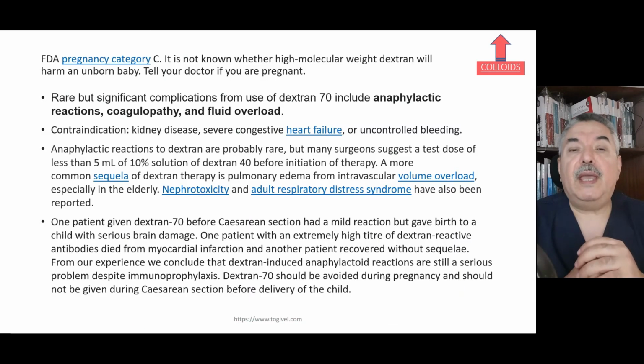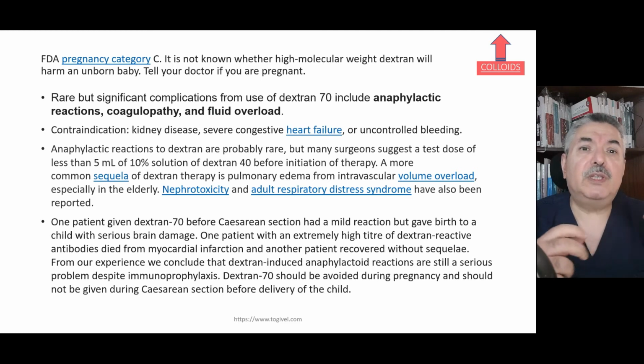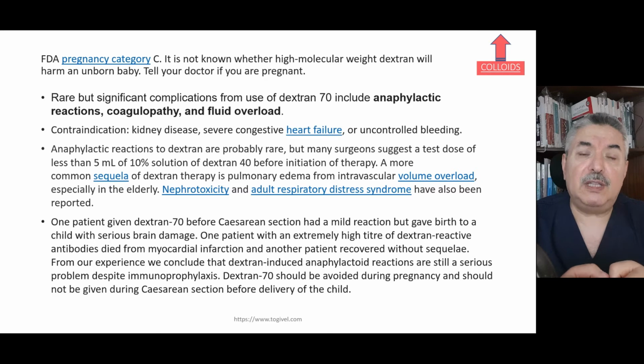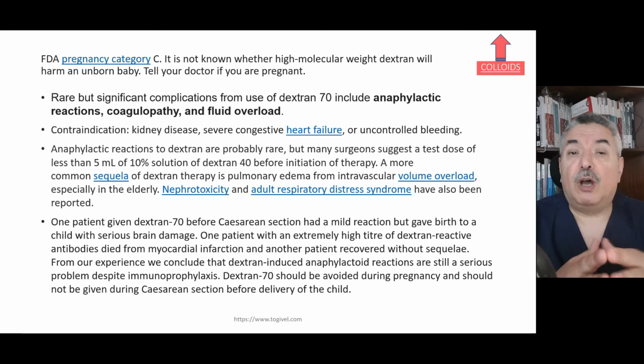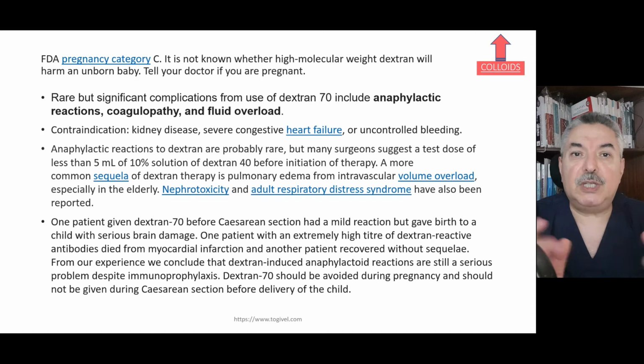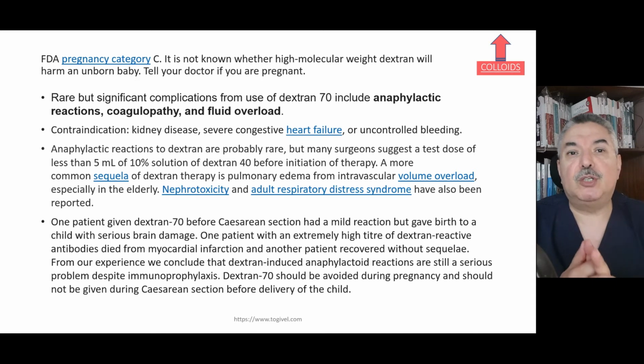Also, it is excreted unchanged by the kidney. So it creates a load on the kidney, and sometimes it will lead to renal failure. That's why dextran is not used. It is contraindicated in any renal disease. It can expand the circulation, so in heart failure or risk of pulmonary edema, we don't give dextran. And because of the coagulopathy it may induce, as all colloids, it is not given in a bleeding patient.